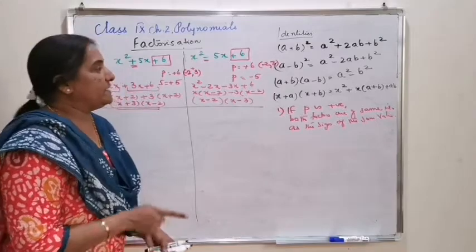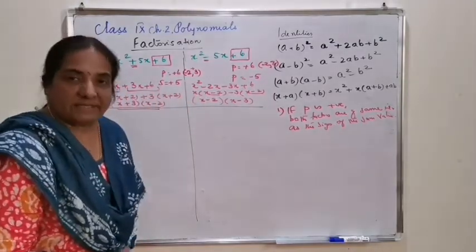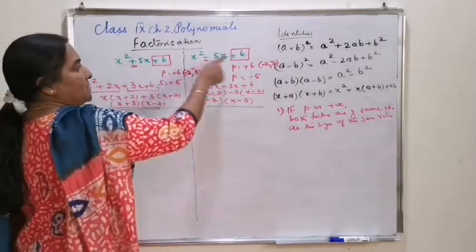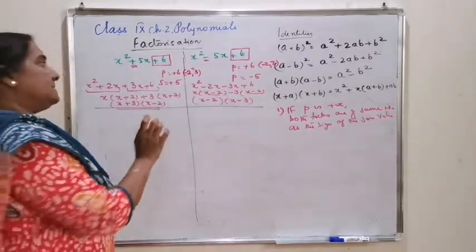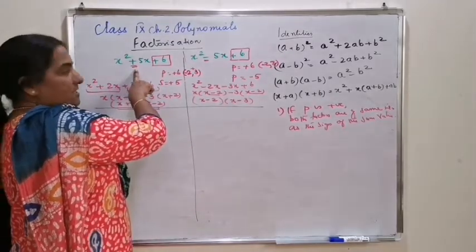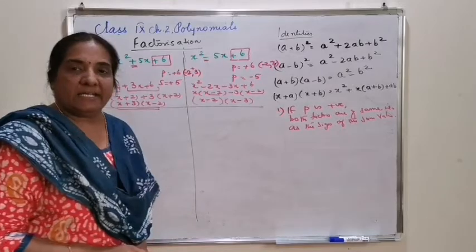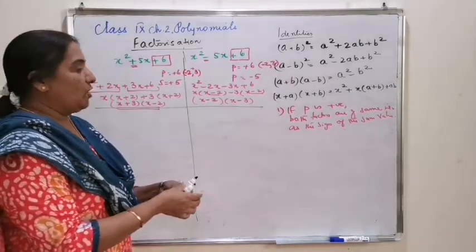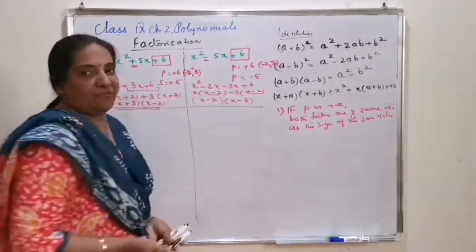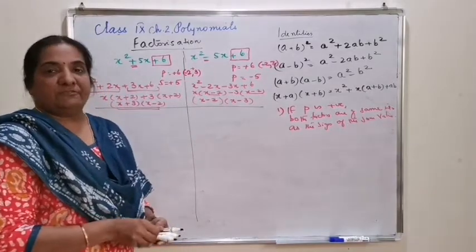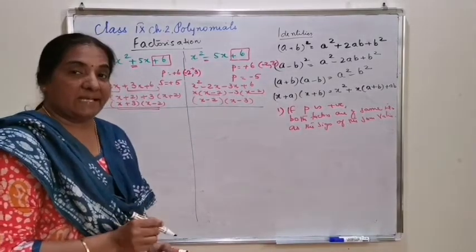These are the two examples of factorization with the product positive and the sum value positive in the first case and negative in the second case. If you follow the common rule mentioned here, the factors will be of the correct sign.